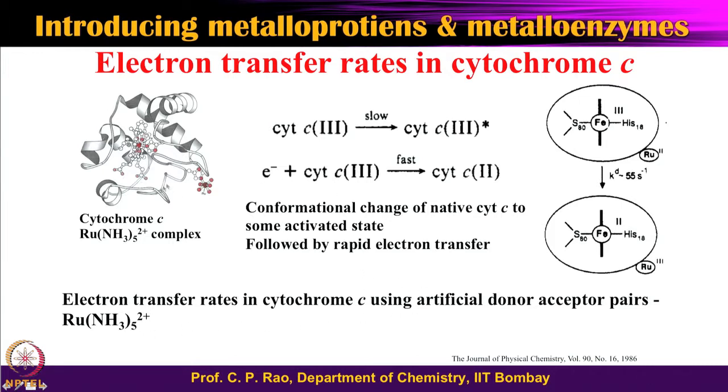They can be used, and the enzyme cytochrome C in the oxidized form will slowly get into the activated form, and in the presence of this one it forms a complex, goes to the activated form, and is ready for electron transfer, and the electron transfer going into this one will give iron 2, C2 means iron 2. So, this goes through conformational changes of native cytochrome C to the activated complex. That activated complex will allow the electron transfer at a very fast rate.